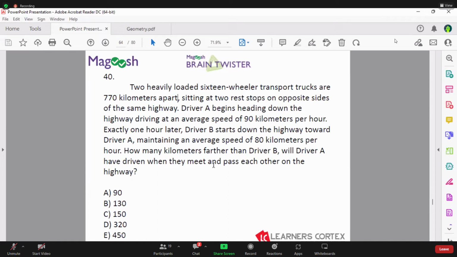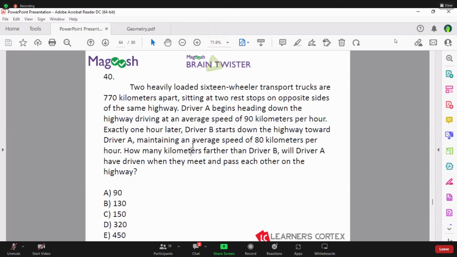Exactly 1 hour later, driver B starts down the highway toward driver A, maintaining an average speed of 80 kilometers per hour. How many kilometers farther than B will A have driven when they meet and pass each other on the highway? Anyone who would like to help me with this question?